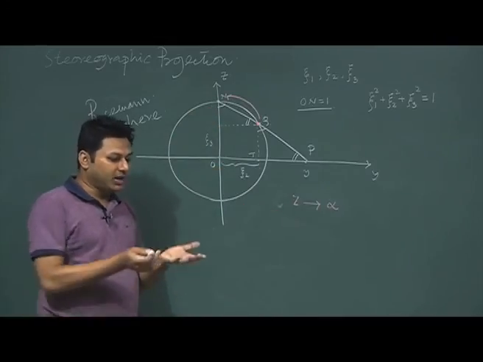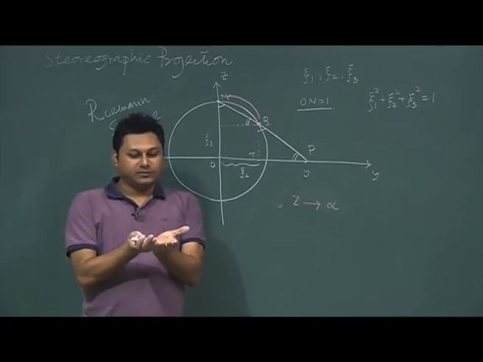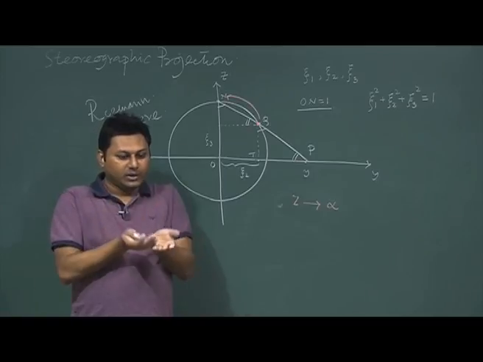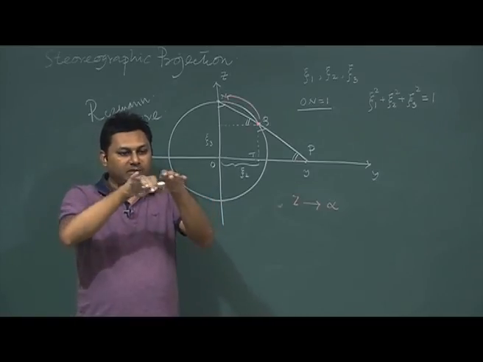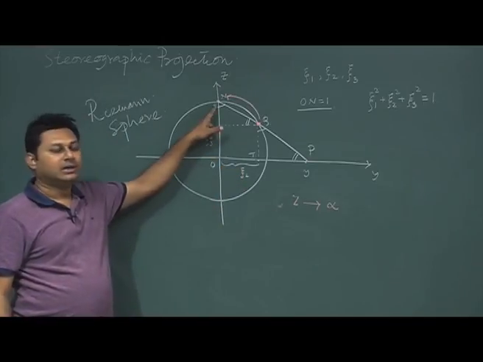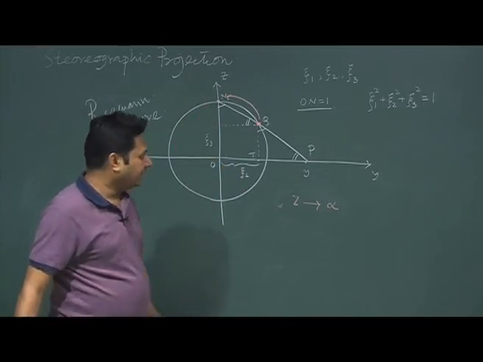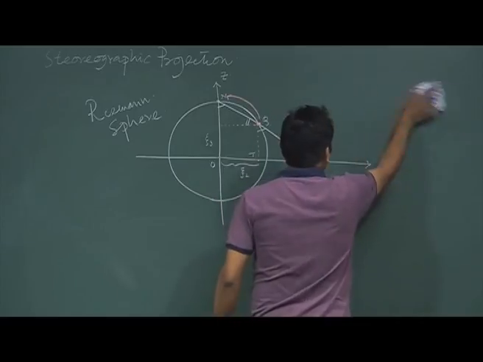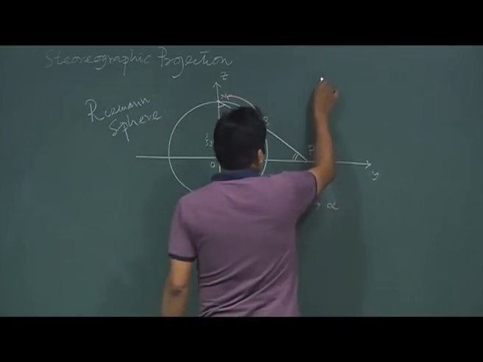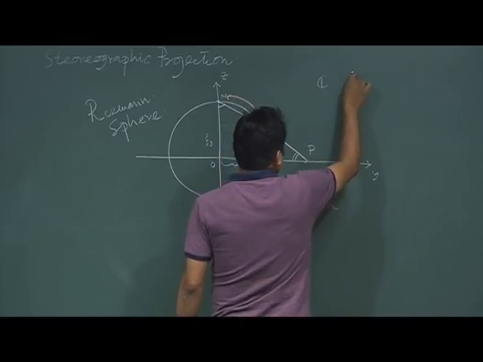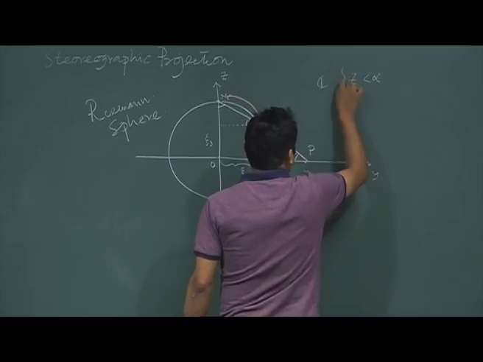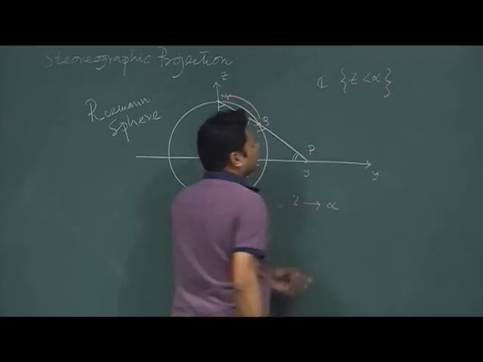So this is my complex plane, I just fold this complex plane, and when the point is at infinity, the folding means all the infinite points go to the north pole of this particular sphere. And the second thing is that when I am talking about all my complex points where modulus of z is less than infinity, with this condition I am excluding the infinite point.